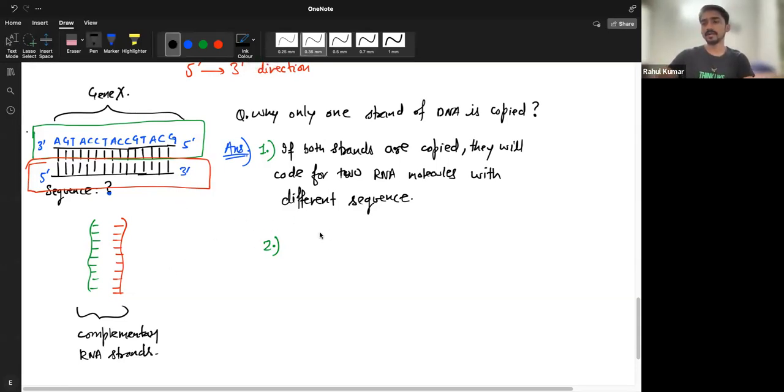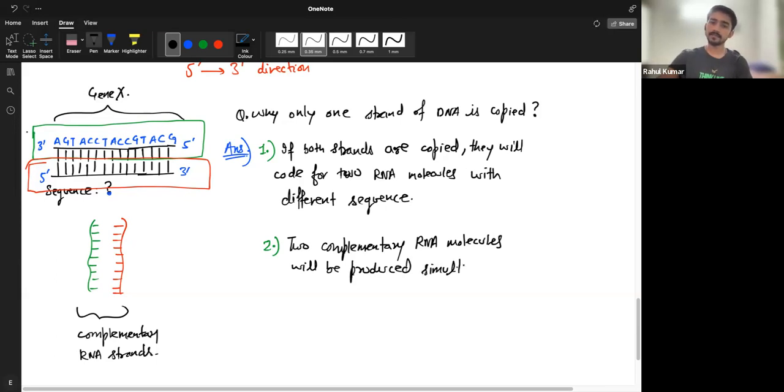If both strands are copied, then two complementary RNA molecules will be produced simultaneously.